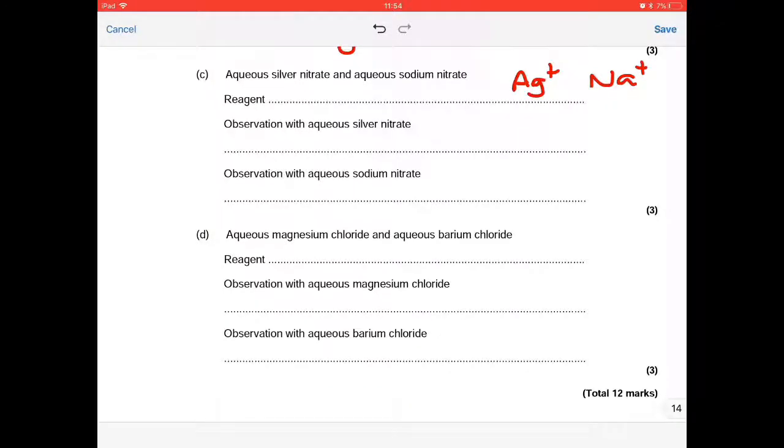Remember that silver ions do form precipitate with any halide ion. So the reagent that I would recommend, sodium chloride aqueous or hydrochloric acid aqueous, either one will do. With the silver nitrate you will see a white precipitate of silver chloride, whereas with sodium nitrate you will see no visible change.